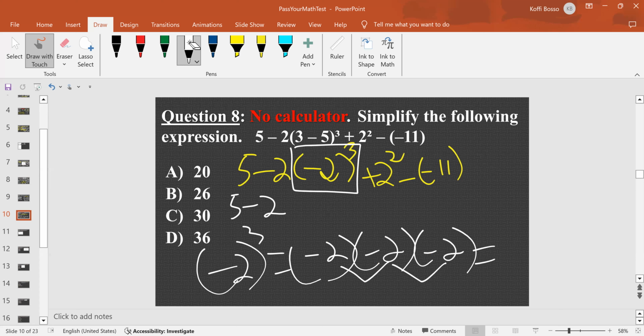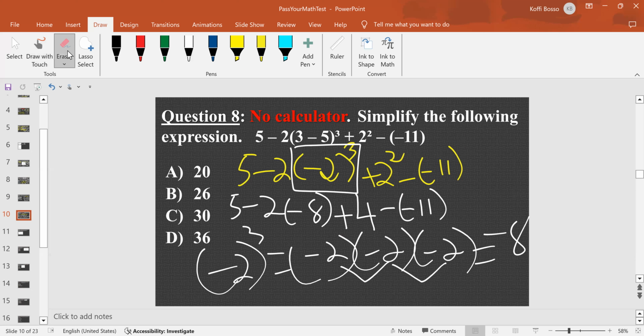Positive 4 times negative 2 is negative 8. So we're going to have a negative 8 here. Okay, plus 4, because 2 to the second power is 4, okay, minus negative 11.